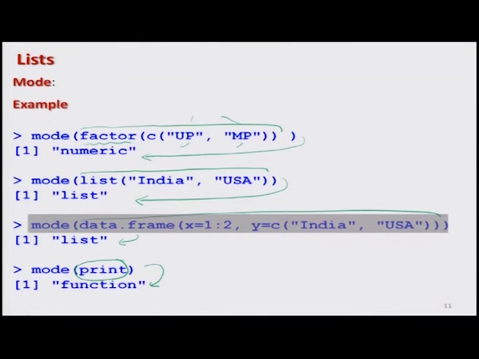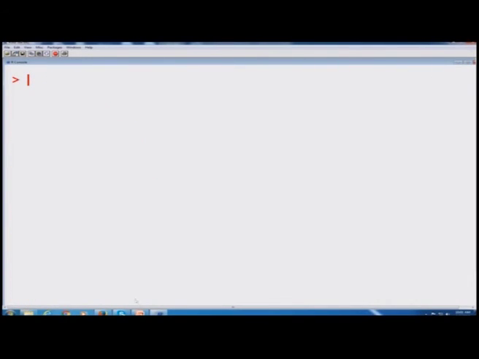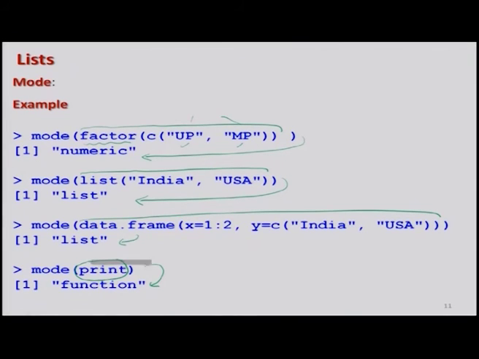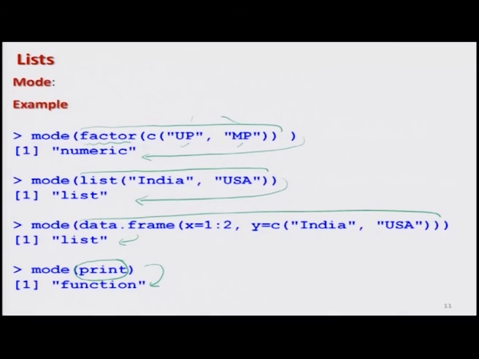And if you go for the data frame, this comes out to be a list. And if you go by the function print, then this comes out to be a function. So, this is how the mode function works.